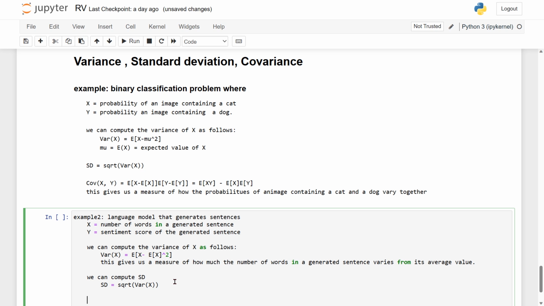Next we can also compute the covariance between random variable x and random variable y, which represent the number of words in a generated sentence and the sentiment score of the generated sentence respectively.